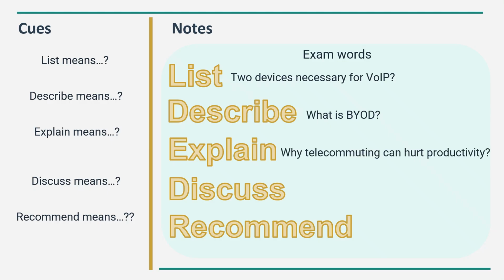In telecommuting, explain how this can hurt productivity. Productivity is one of the positive things, so can you think of something that is a negative that might have an impact on how much work is done when you telecommute? Discuss 2 advantages of e-learning.